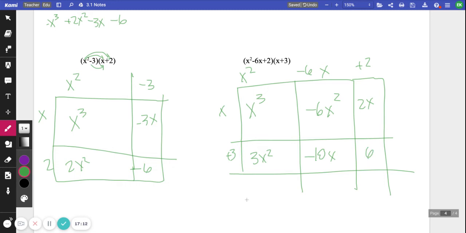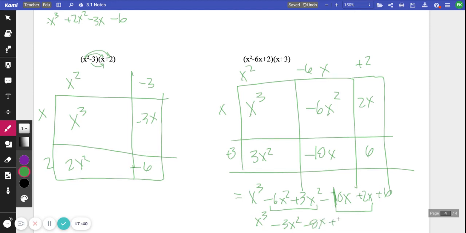So this equals x cubed minus 6x squared plus 3x squared minus 18x plus 2x plus 6. So I can combine these terms and these terms. So I get x cubed minus 3x squared minus 16x plus 6.